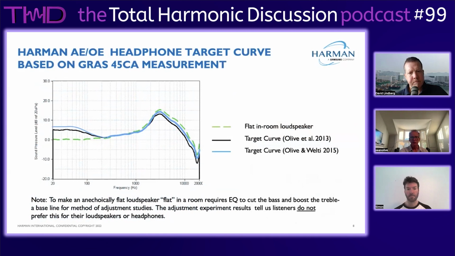The black curve is our first iteration of the headphone after people had done adjustments, and then we did a much larger study, and the bass came up a little bit because this included a lot of non-trained listeners. But you can see that there's a fairly close approximation to the speaker measured in the room.